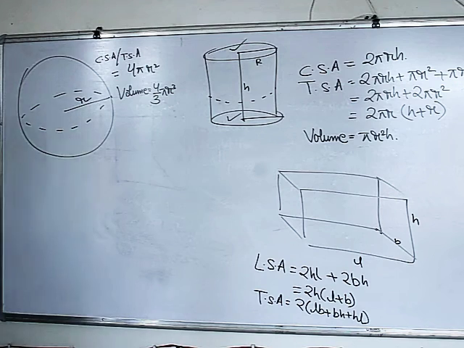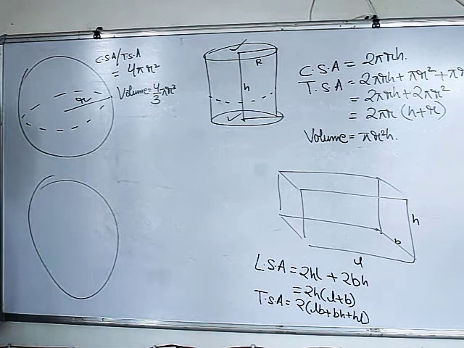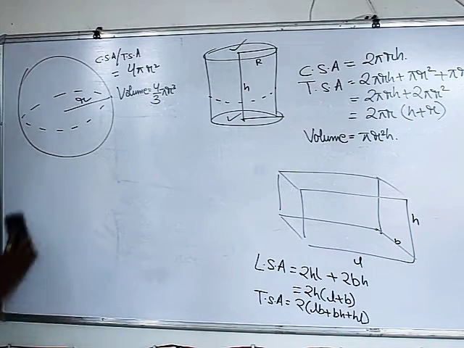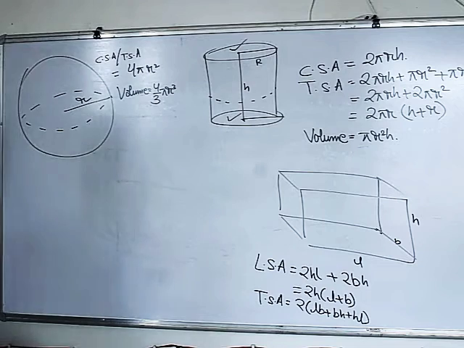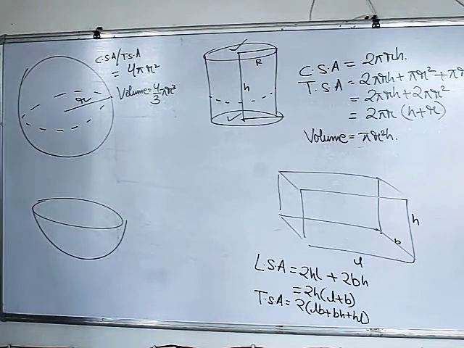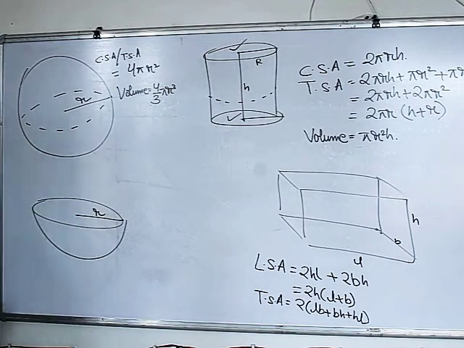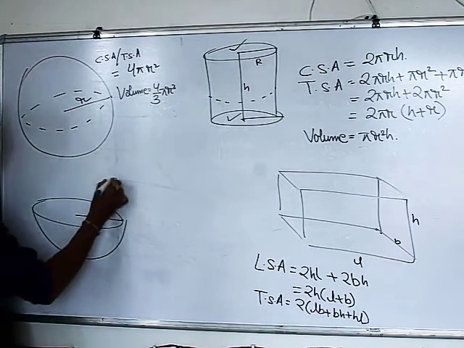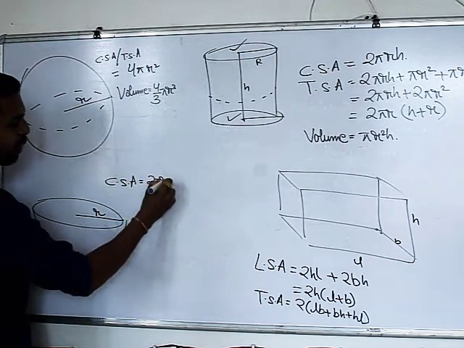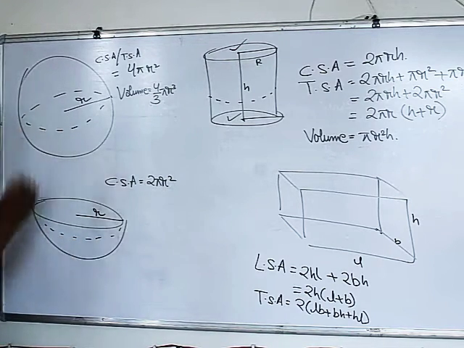Okay. Now this portion will be cut half. Okay, now, and it will be called hemisphere. From center to side, obviously radius. Then what will happen now? CSA will have formula 2 pi r square, because we will take only this portion.